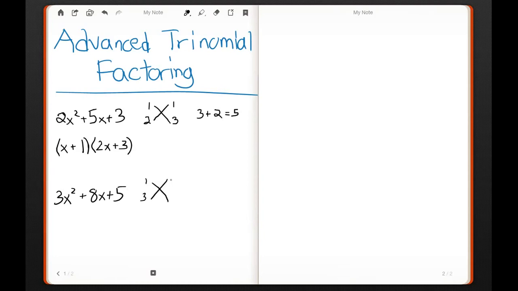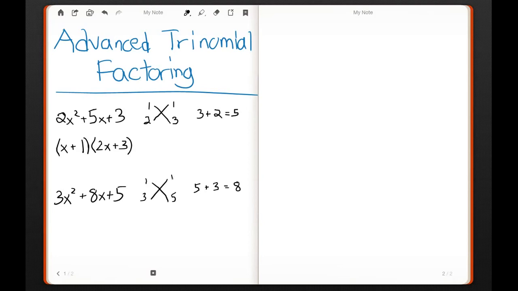On the right, factors of 5 would be 1 and 5. Now we multiply across the lines of the x. 1 times 5 is 5. 3 times 1 is 3. And then we add those 2 results. 5 plus 3 is 8. Since that is the same number as the coefficient of the x in the middle, we know that this will give us the correct factorization.